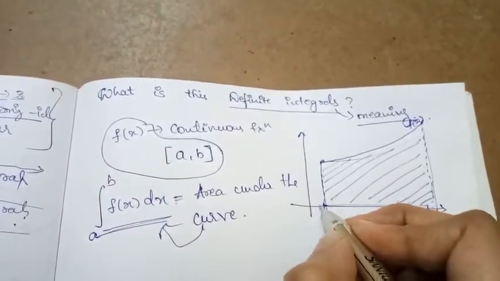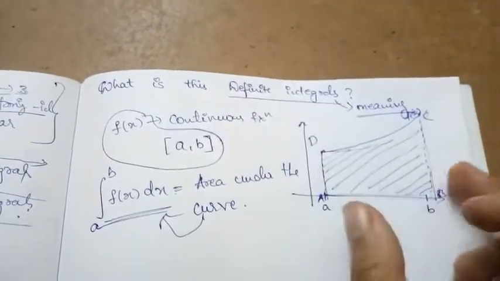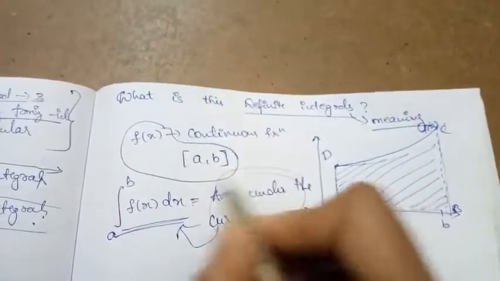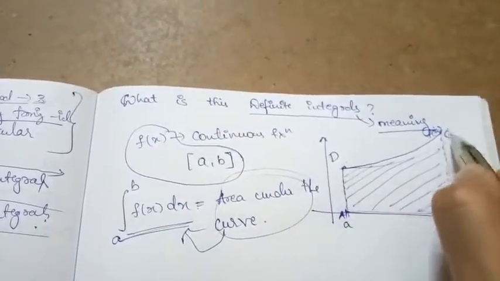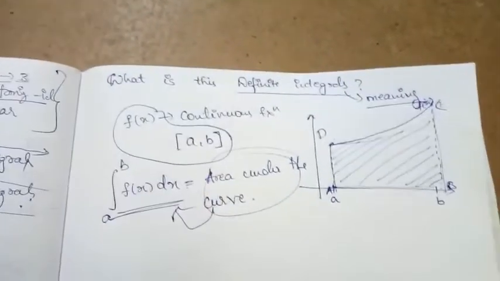Suppose I name this ABCD, then the area of ABCD is nothing but the definite integral of this curve, the function f(x), upon the closed interval [a, b].